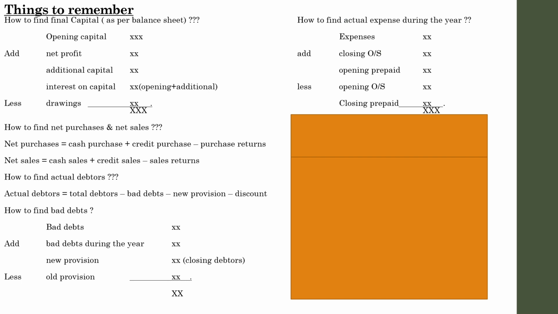The concept is, while dealing with a practical question where you have to prepare a trading profit and loss account and balance sheet, you will be given some information regarding transactions, and the transactions include certain specific transactions that may not relate to the particular financial year. So in such a situation, we only consider those transactions or amounts that belong to that particular financial year.